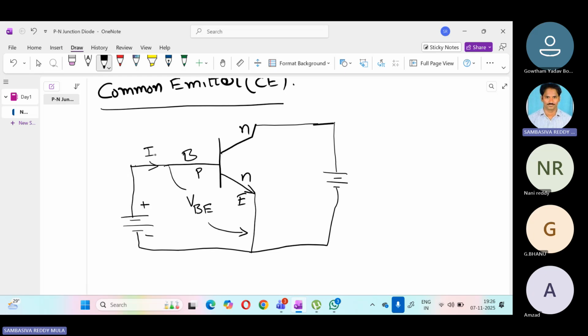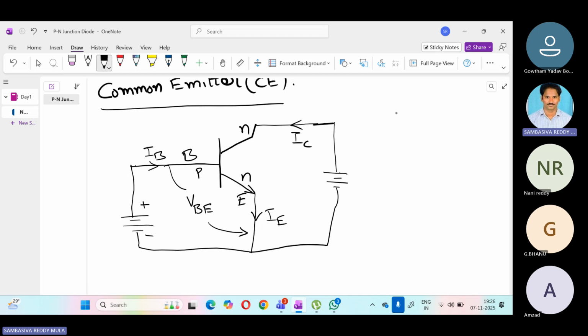So this is the input current, the base current. Due to the positive terminal, current flows in this direction. The emitter current flows in this direction. And as this is a positive terminal, current will flow like this. This is the collector current.